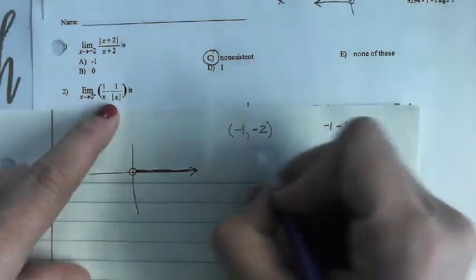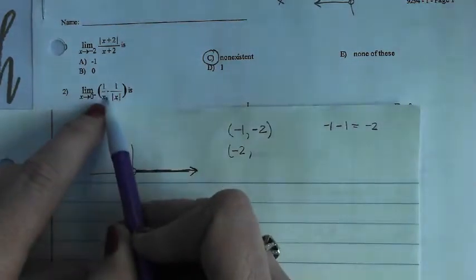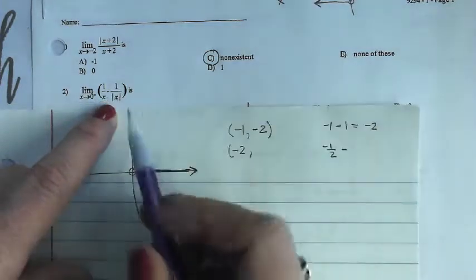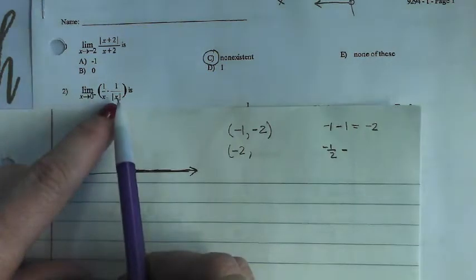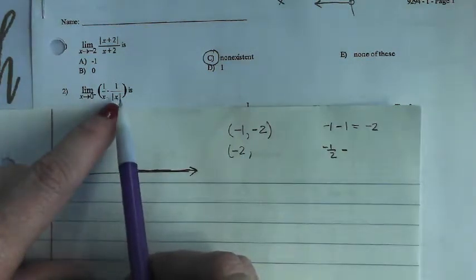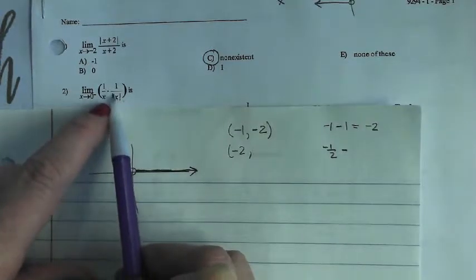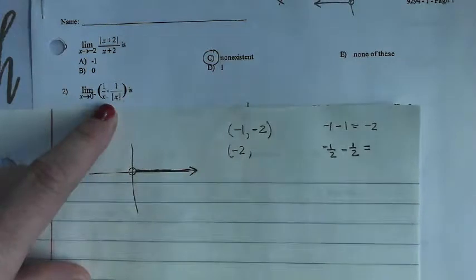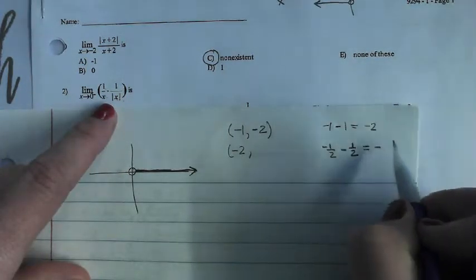What if I plug in a negative 2? This would be negative 1/2 minus, what's 1 over the absolute value of negative 2? The absolute value of negative 2 is 2. So this would just be minus 1/2. So what would that be? Negative 1/2 minus 1/2.